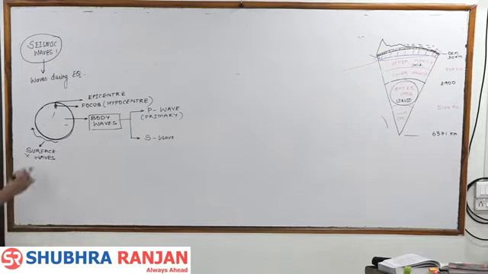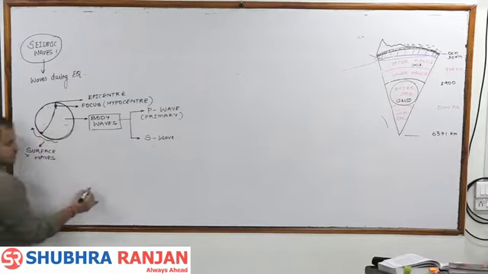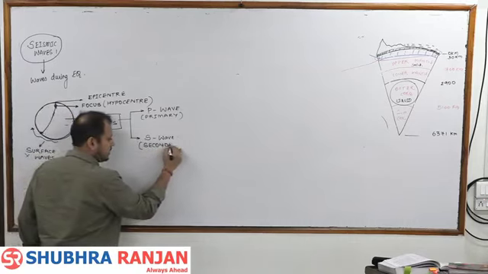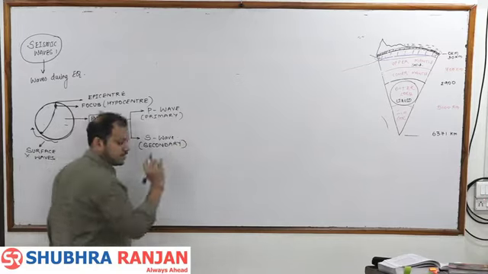When the wave is recorded on the seismograph, the first wave to be recorded is the P wave, and therefore its name is primary. The second wave to be recorded is the S wave, and therefore its name is secondary wave.